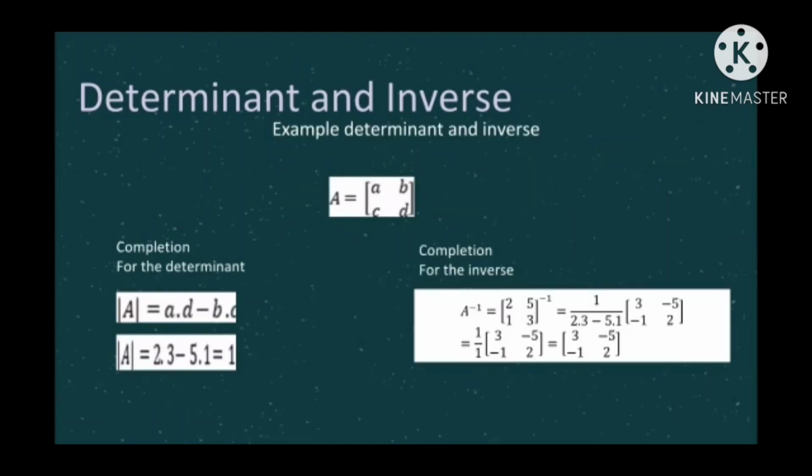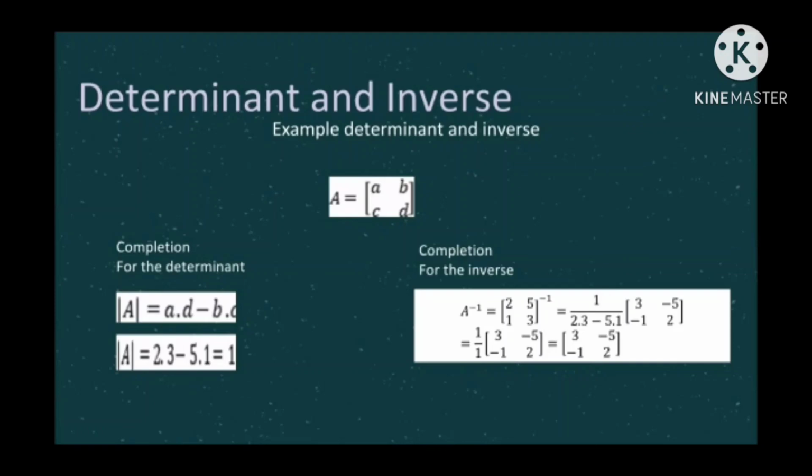Example of determinant and inverse. If matrix A is [A, B; C, D], then the determinant of A equals A times D minus B times C, which equals 2 times 3 minus 5 times 1, which equals 1.